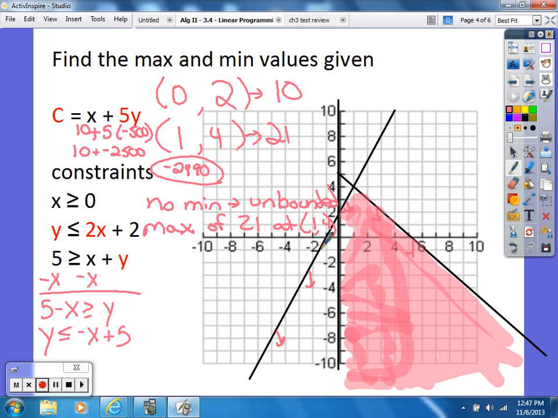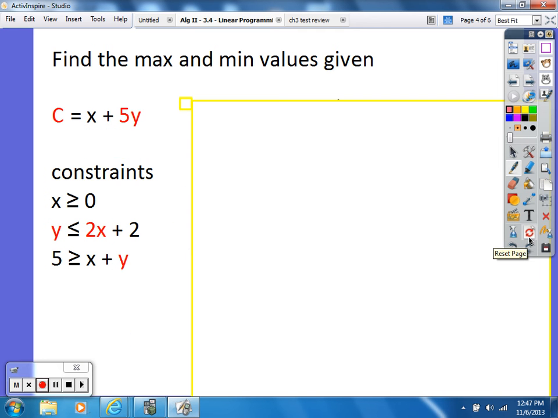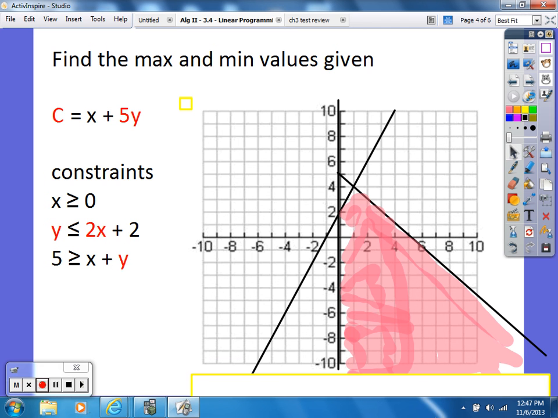Well, not necessarily. Is this C function actually? Let me clear that. Let's say the C function was actually negative x negative 5y. Okay, if I did 10, negative 500, then negative 5 times negative 500 would actually give me a positive, right?